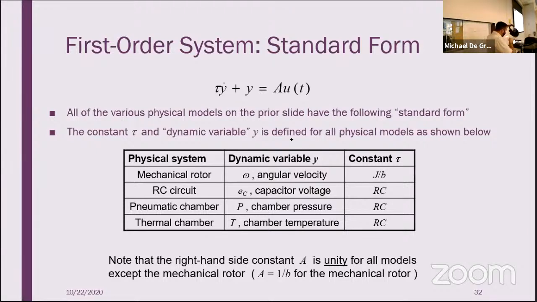Tau is a constant. The dynamic variable is y. We can define these in this table, right?